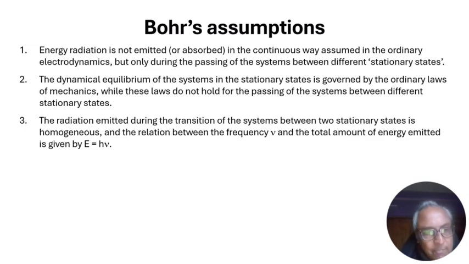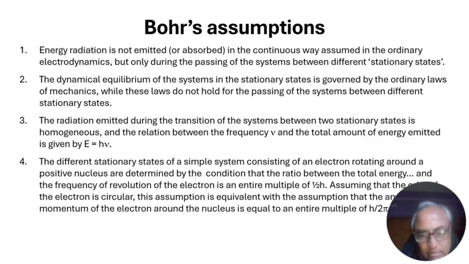Number 4, the different stationary states of a simple system consisting of an electron rotating around a positive nucleus are determined by the condition that the ratio between the total energy and the frequency of revolution of the electron is an entire multiple of half h.